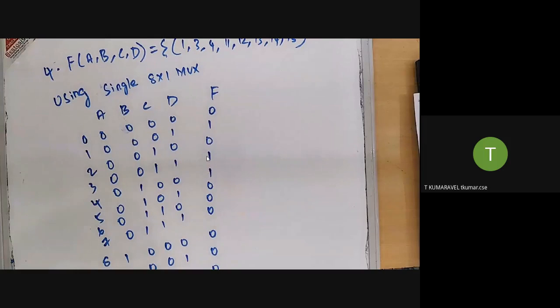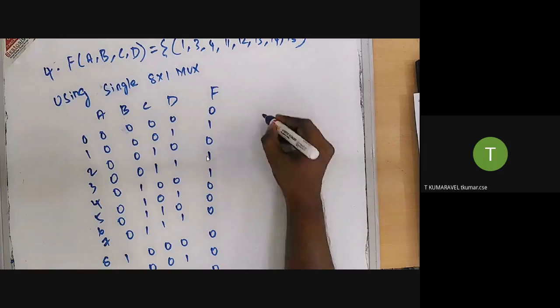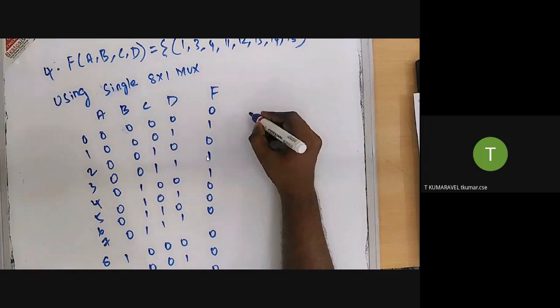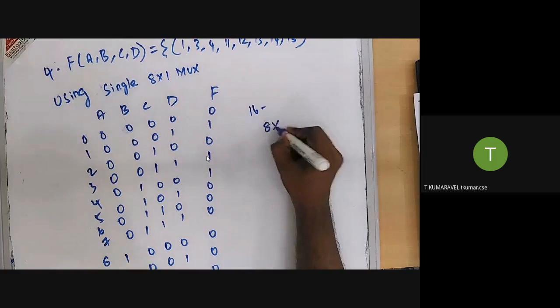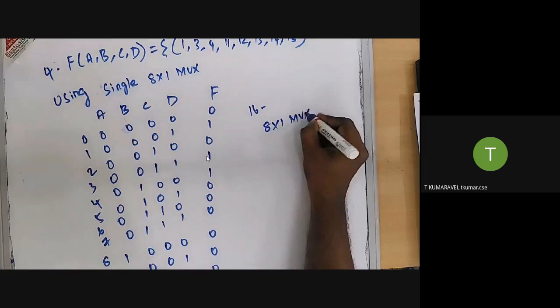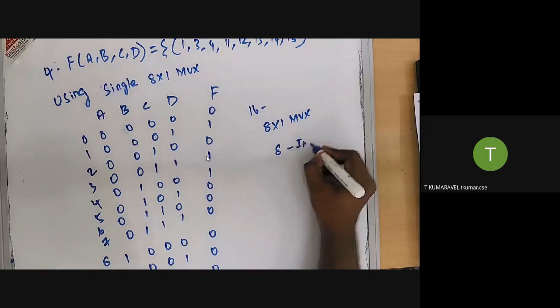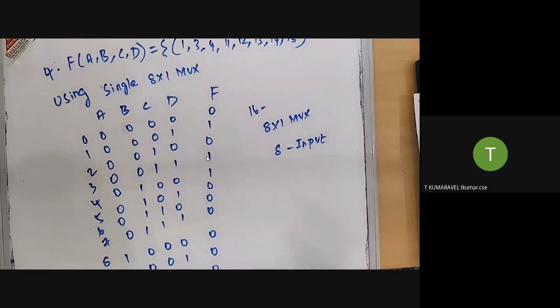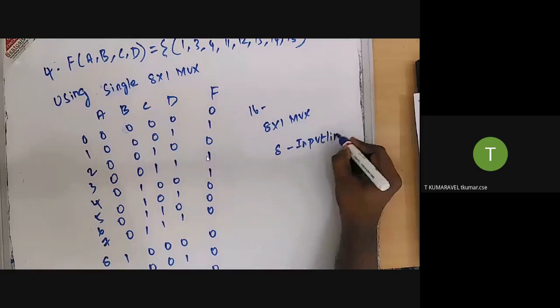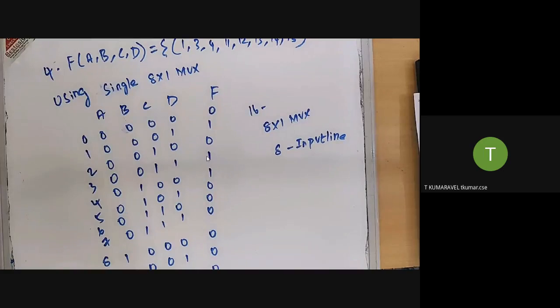So in the question, you want to implement that 16 combination functionality using an 8 by 1 multiplexer. Here we can provide only 8 input lines. How do you do that? For that, I'm going to perform grouping.